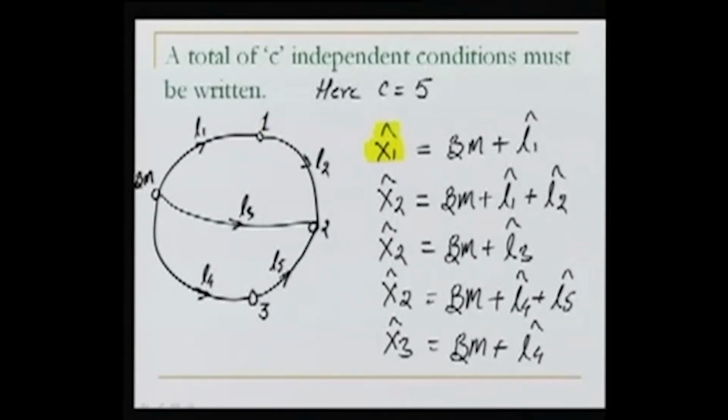I am writing hat here because that is the estimate of this, is benchmark plus L1 hat, because it is relating the parameter with the estimate of the observation. Similarly, we can write one more also, and it is important that all these observation equations are independent.